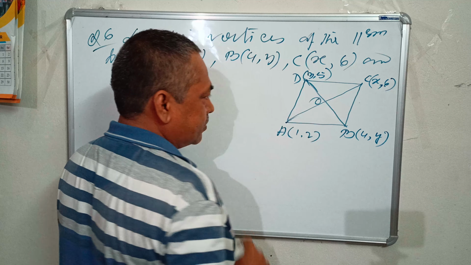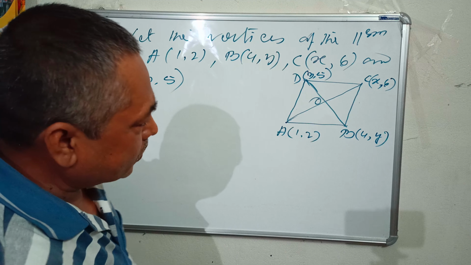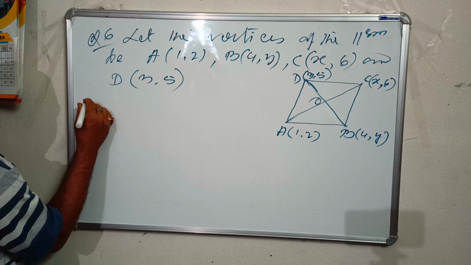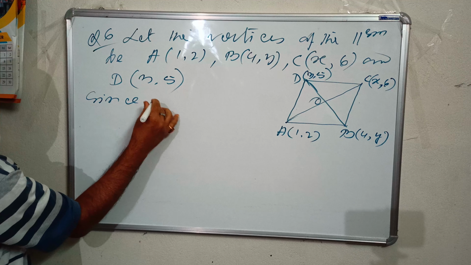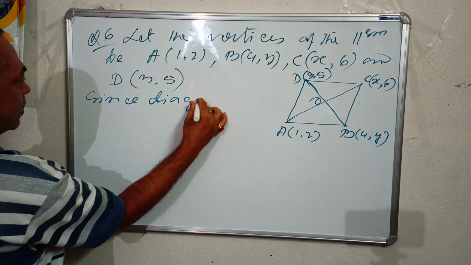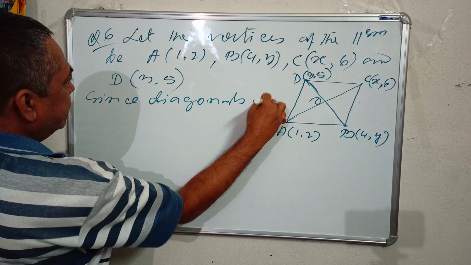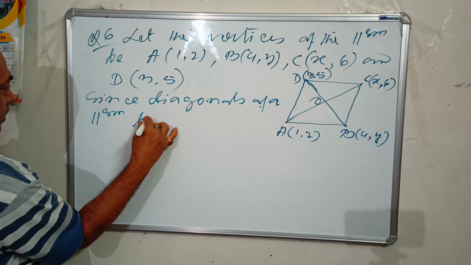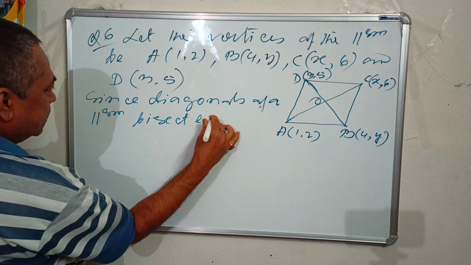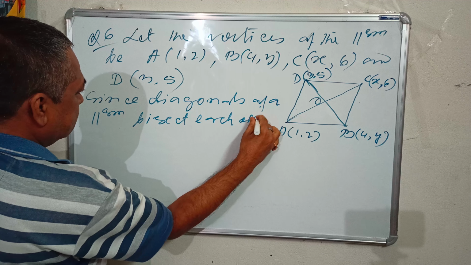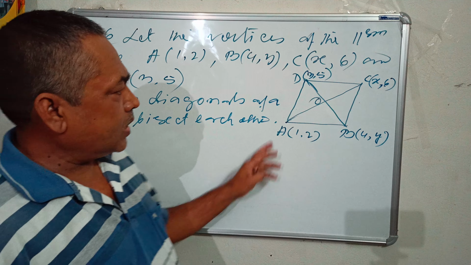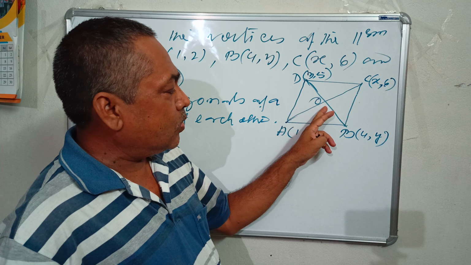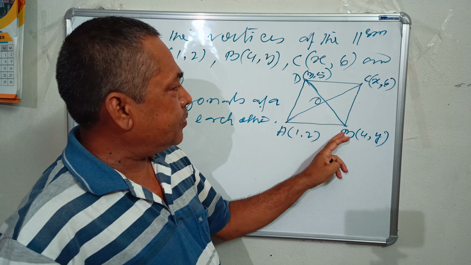Say the diagonals intersect at point O. Now since the diagonals of a parallelogram bisect each other, that means AC and BD intersect at point O. So AO equals CO, BO equals DO.